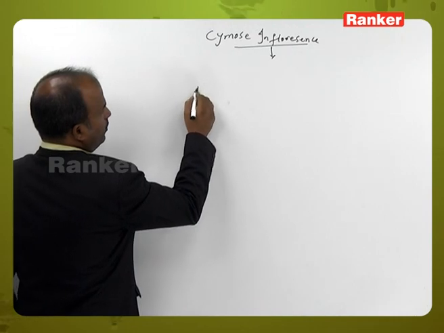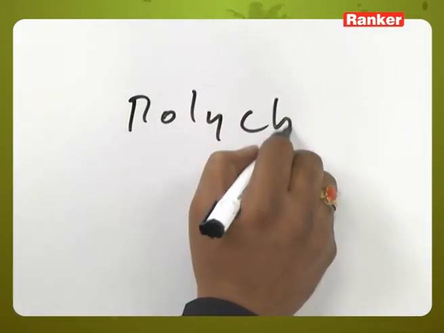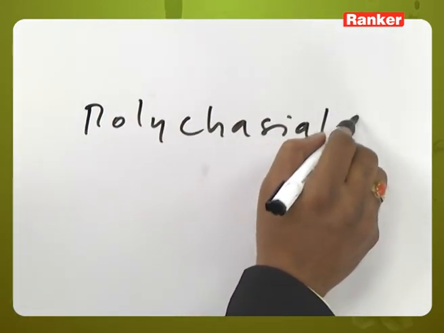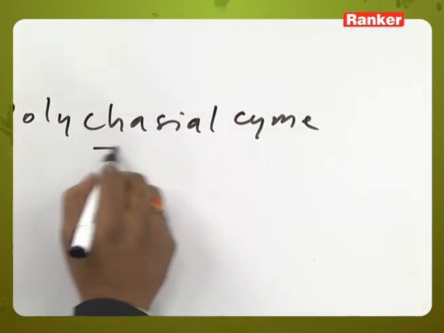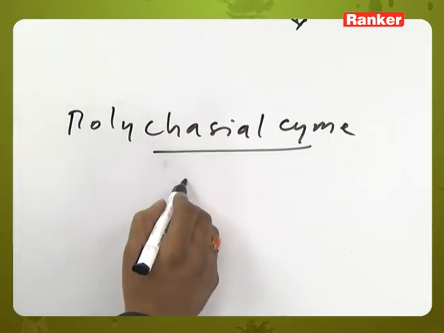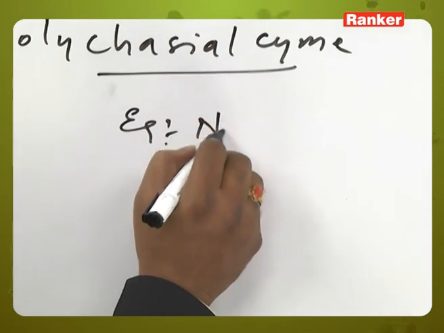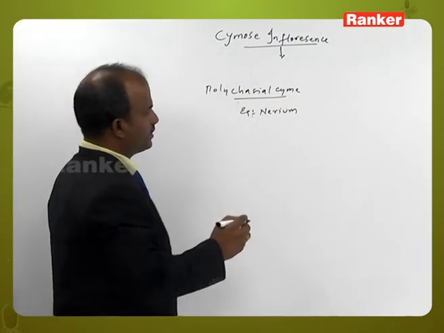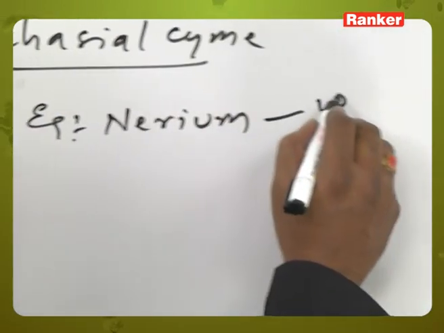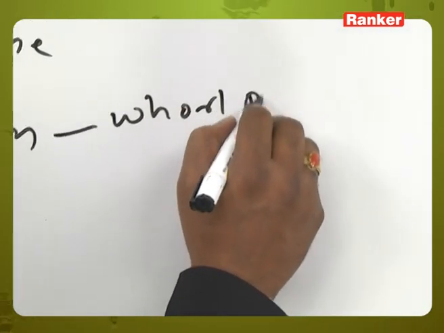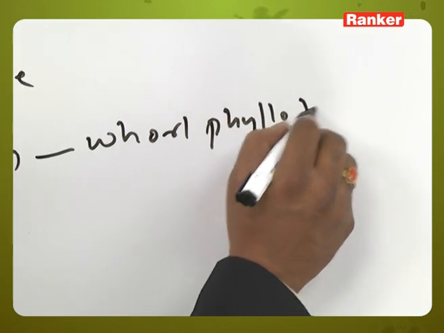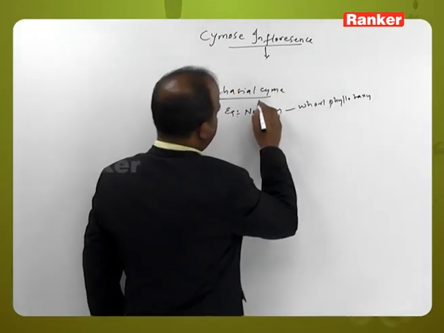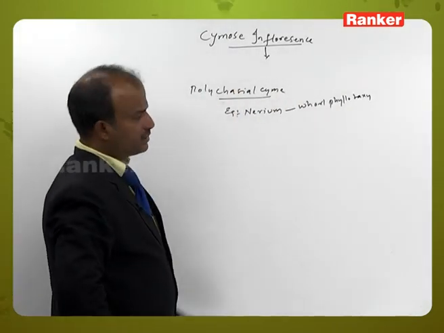Next goes to polychasial cyme. Example for polychasial cyme is nothing but nerium. Already in nerium we studied about whorl phyllotaxy, and here we study about polychasial cyme.